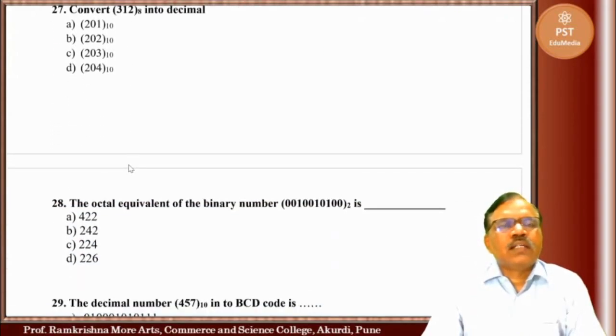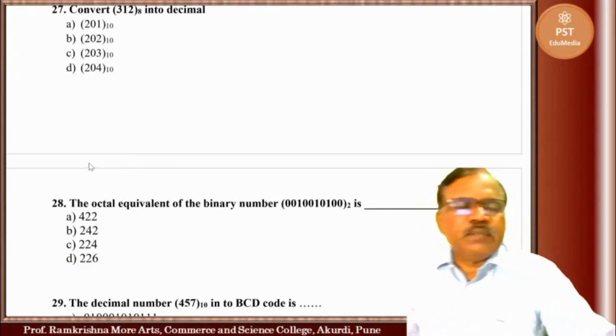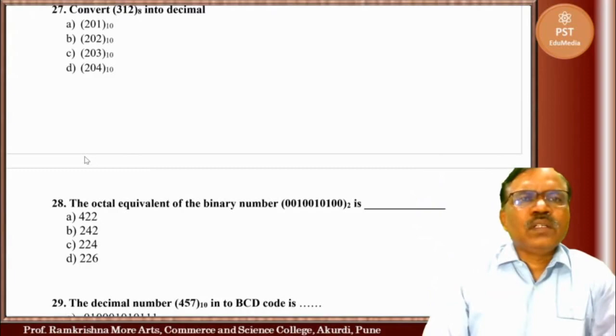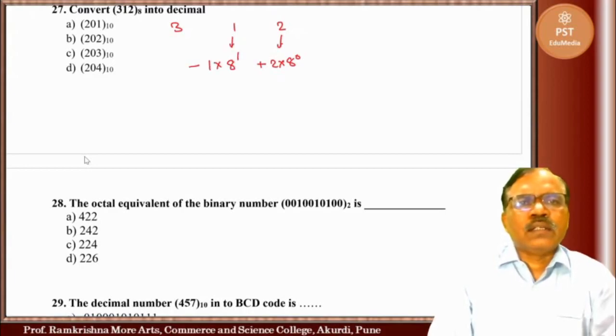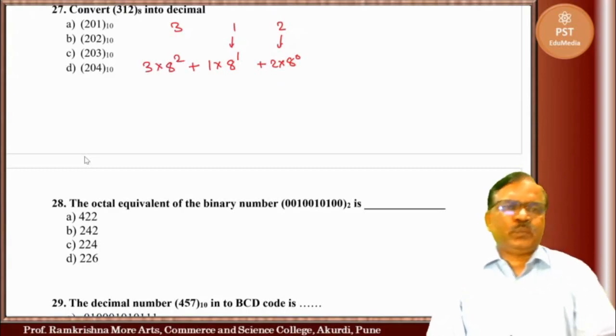Now convert 312 octal into decimal. Now here we have 312. So here 2 into 8 raised to 0 plus 1 into 8 raised to 1 plus 3 into 8 raised to 2.